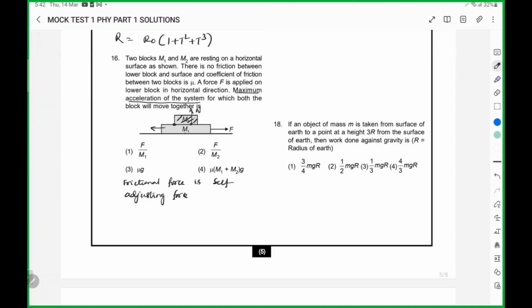So the frictional force acting on M1 is mu into N. This is limiting friction. Frictional force can be less than this. In reaction, M1 also will exert a force on M2 that is also given. So this is the maximum frictional force.